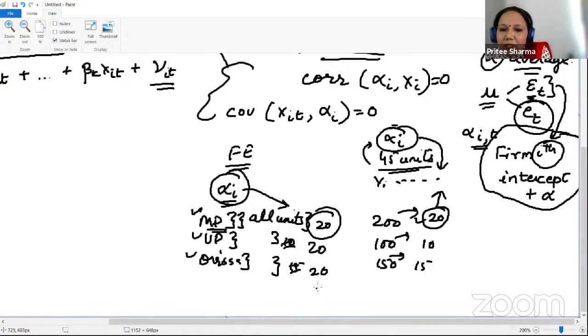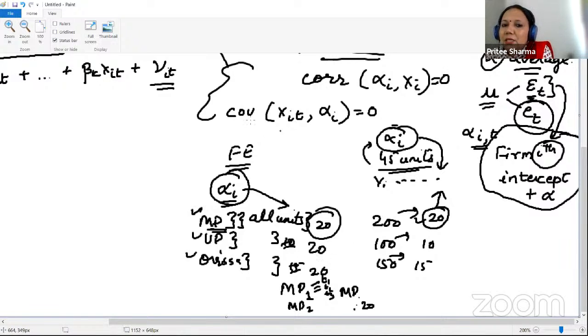Then in Madhya Pradesh, there will be MP1, which is your first firm in Madhya Pradesh, then MP2, your second firm, like that MP3, up to 20. And for each, there will be, say, 3 time periods, T1, T2, T3. That will be your data. Similarly for Uttar Pradesh also.